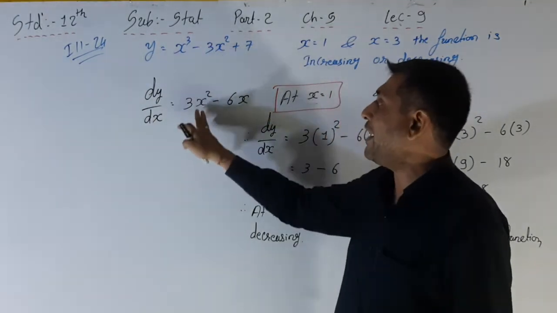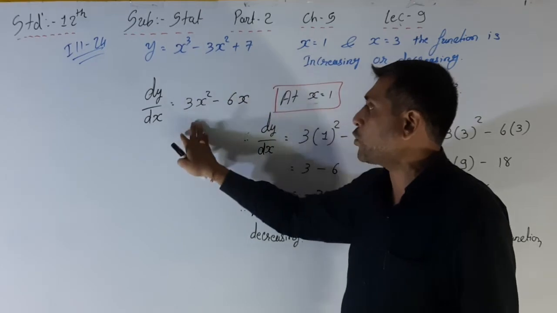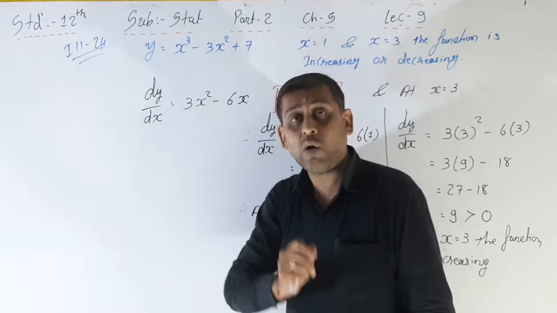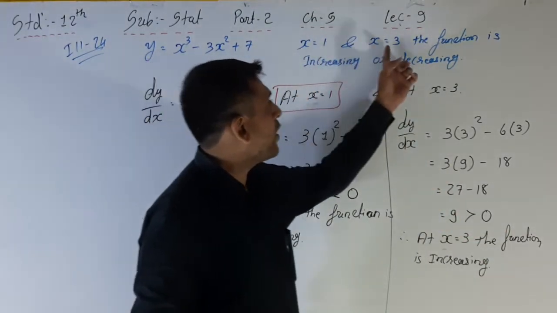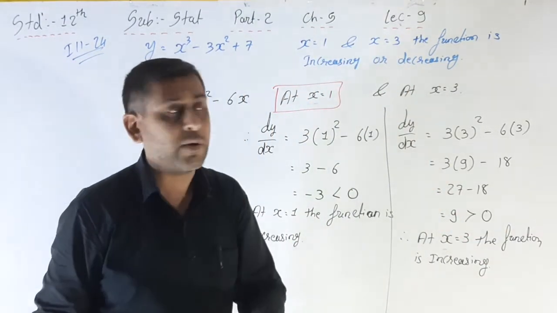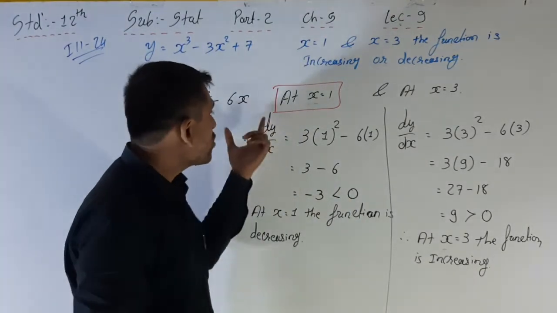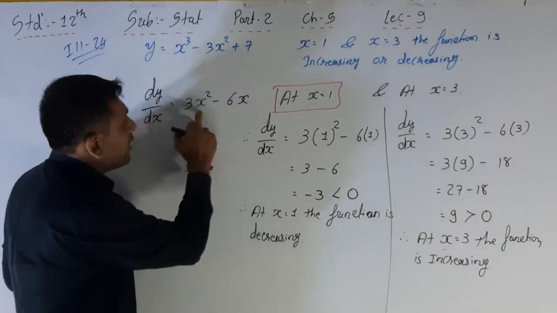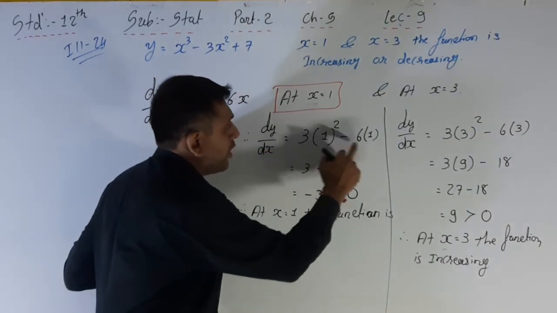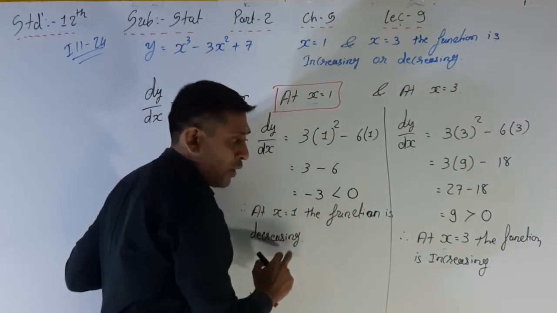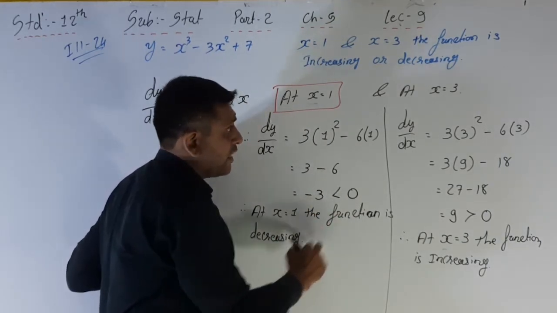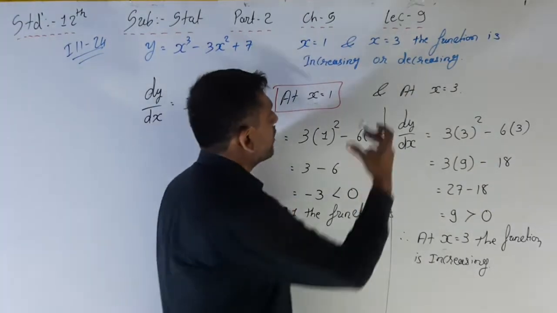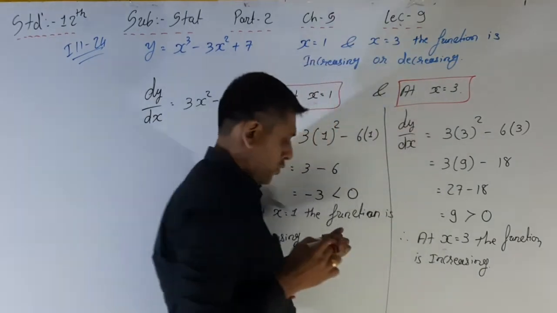Okay, so here I am writing the answer directly, that is y is equal to so and so, then dy by dx is equal to the first differentiation of this function. Now put the value of x is equal to 1 and x is equal to 3 to find out whether at that point the function is increasing or decreasing. So here at x is equal to 1, I am putting the value 1 into the first differentiation. So here this is the answer. So at this point the function is increasing, and here at x is equal to 3, what is the answer?